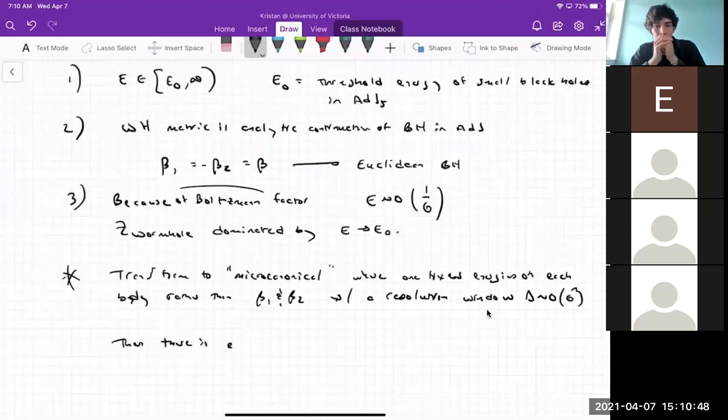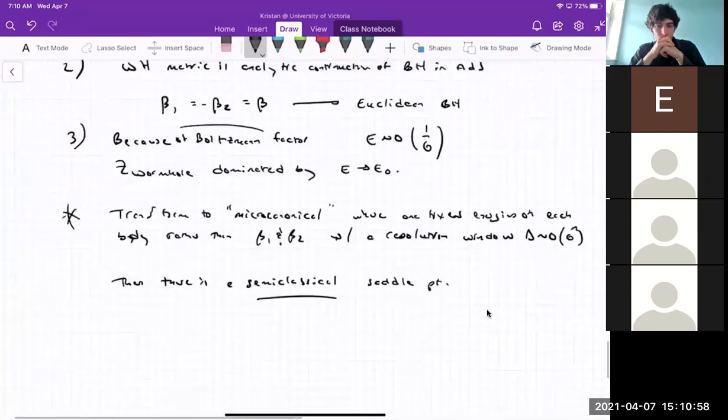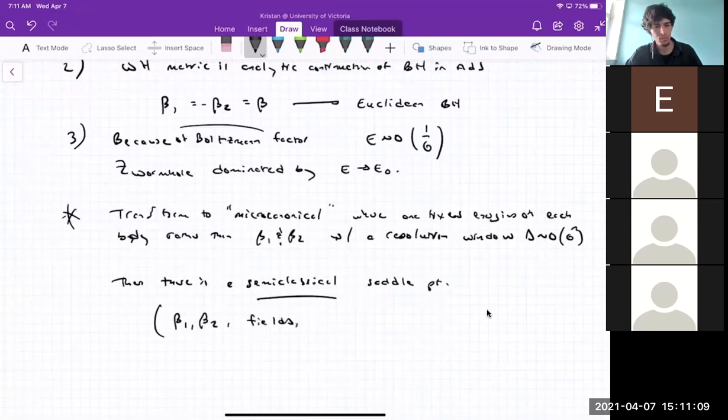there is a semi-classical saddle point for all parameters, where beta 1 and beta 2, which I'm now allowing to vary, and even the bulk fields and also the energy carried by the wormhole have some saddle point values.